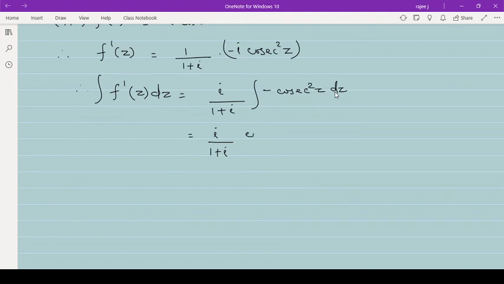The integral of cosec square theta is minus cot theta, so the integral of minus cosec square theta will be plus cot theta. So it is cot z plus c. So this will be our answer. So f of z is equal to this.